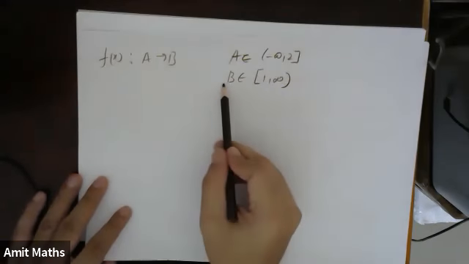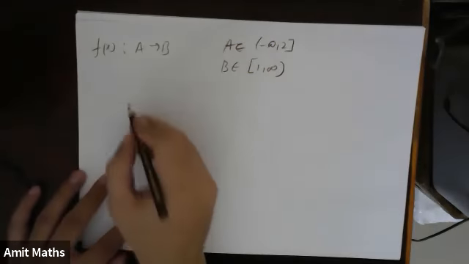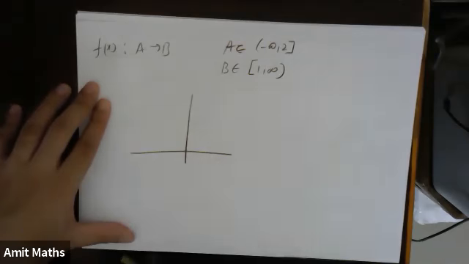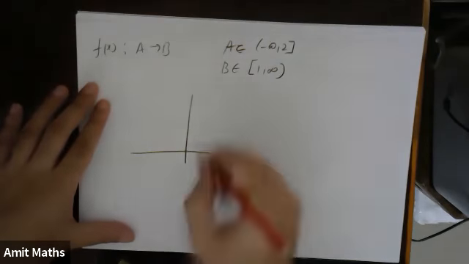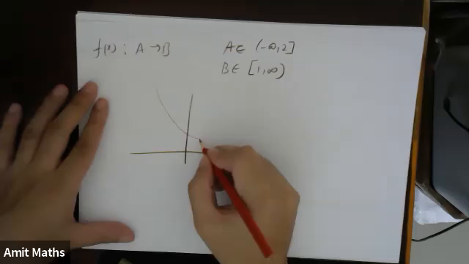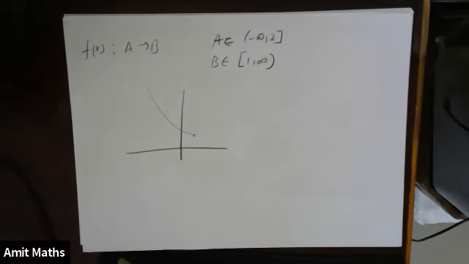Now this becomes the codomain which is equal to the range, and this becomes the domain which is already given to us. Fine, and the graph of this function will look something like this, on the x and y axes. This is fine for everyone.